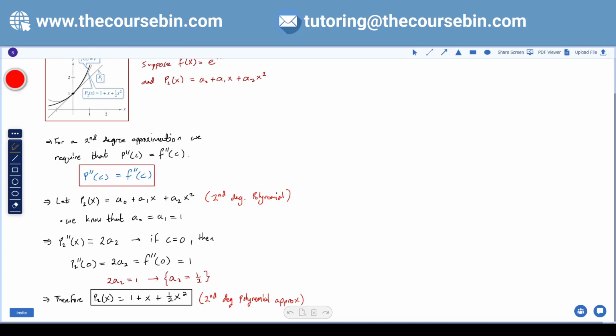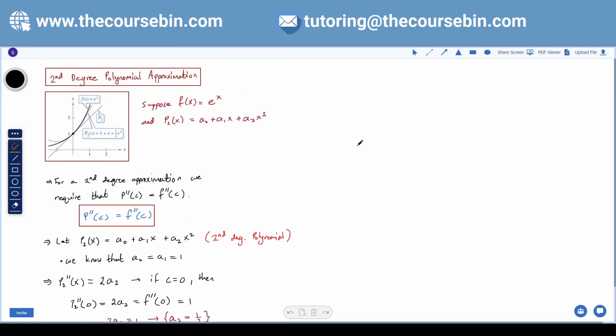Okay, so this pattern continues to whatever number of terms you want, whatever degree of polynomial you want. All right, so we can make a general statement here.